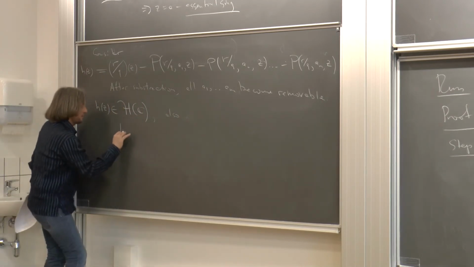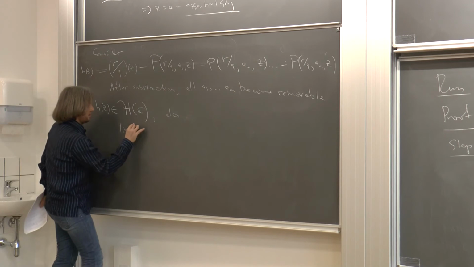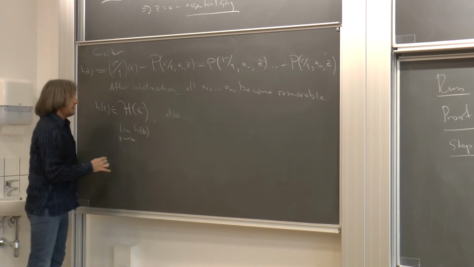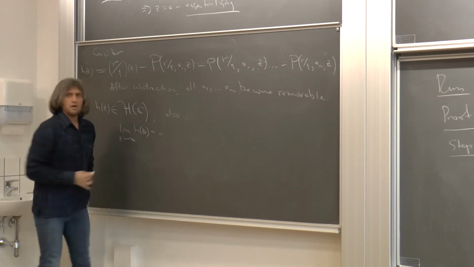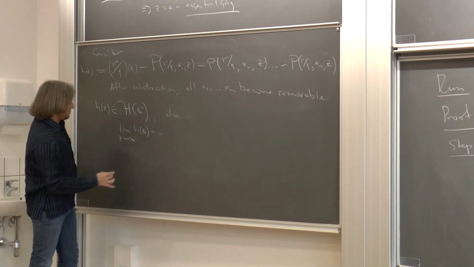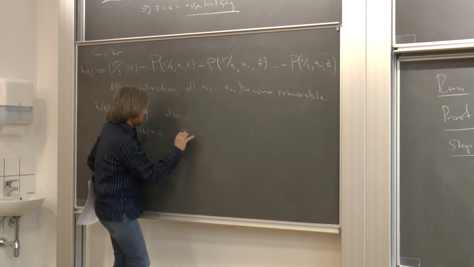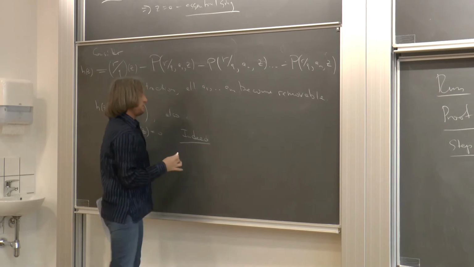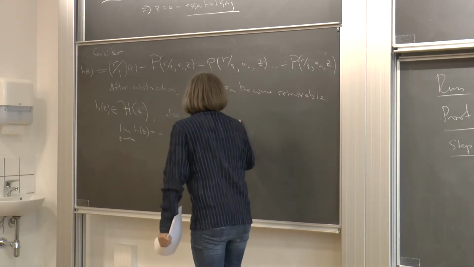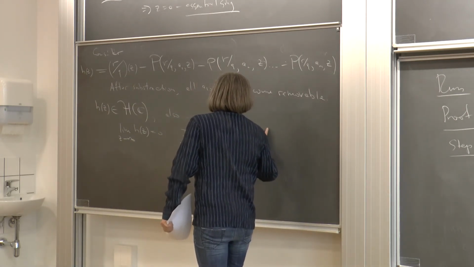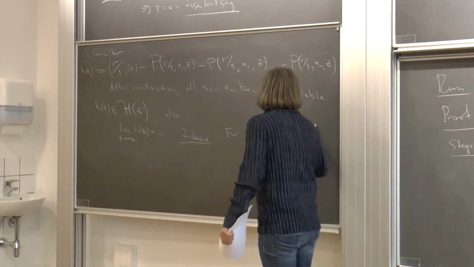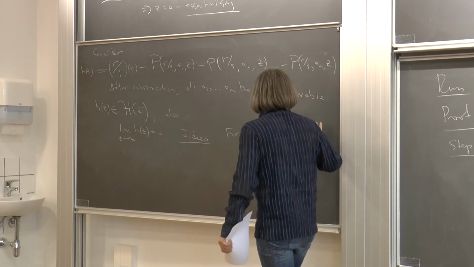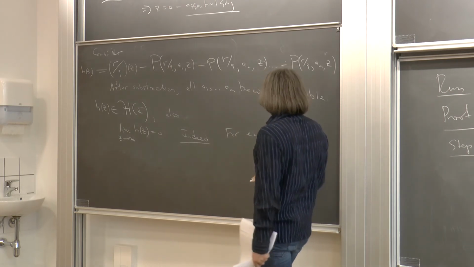Moreover, the limit of h of z for z going to infinity equals 0 for the following reason. For each of the polar parts, 1 over (z minus ai) to the mi, this is true.